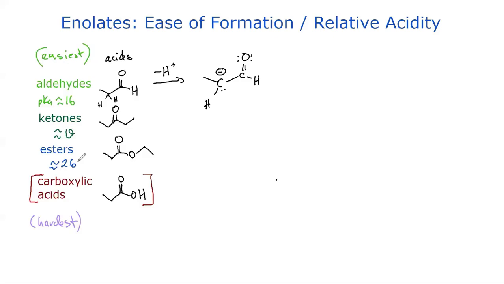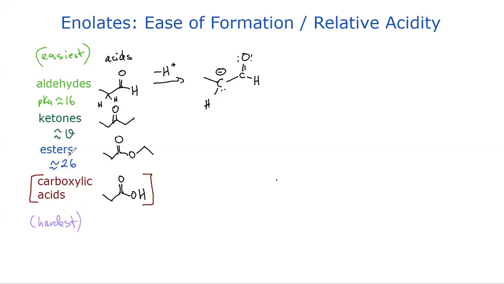Note that this means that aldehydes, 3 pKa units lower than ketones, are about 1,000 times easier to form, and an ester with a pKa value 7 units higher than a ketone is approximately 10 million times more difficult to form than the enolate of a ketone.